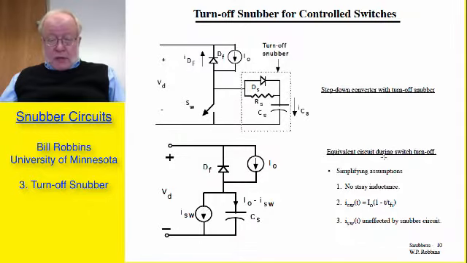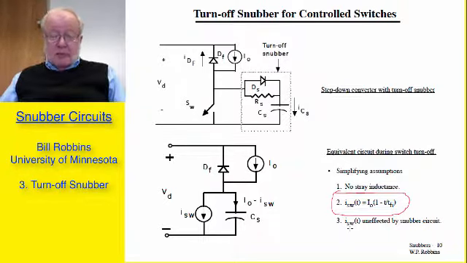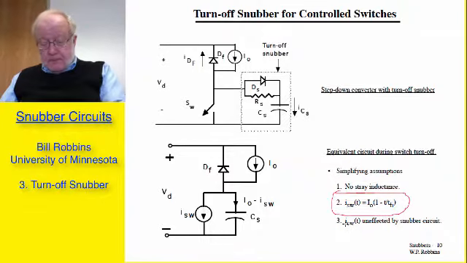The equivalent circuit during switch turn-off is shown below. We have a switch current which is decreasing linearly as a function of time, and that is the equation that I've written here. I'm going to assume that there is no stray inductance, and I'm further going to assume that the switch current is not affected by the presence of the snubber circuit.